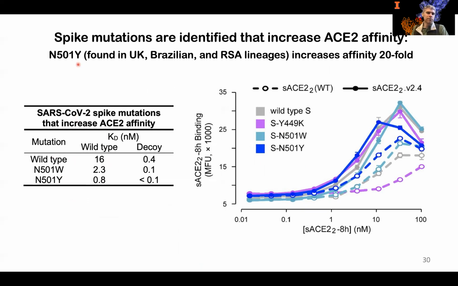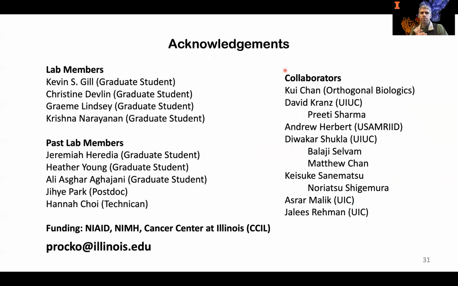And of course, this N501Y mutation has since turned up in these highly transmissible lineages from the UK, Brazil, and South Africa, which goes to show how deep mutagenesis can really give you preemptive information on evolution of viruses out in nature. With that, I will finish.